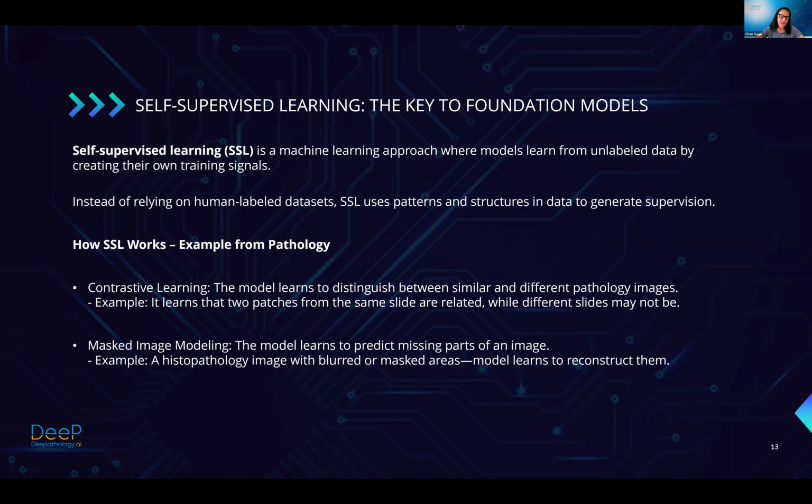Another thing is called contrastive learning. What does it mean? Again, it can be very automatic. We have two images, let's say taken from two different slides, and we take patches, and we know exactly where we took the patch from because we control that automatically.